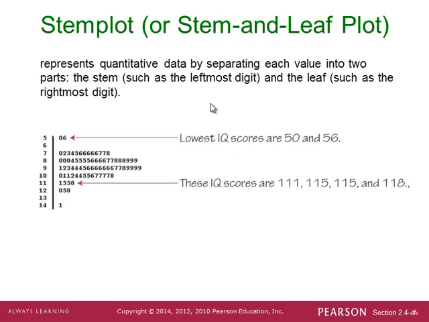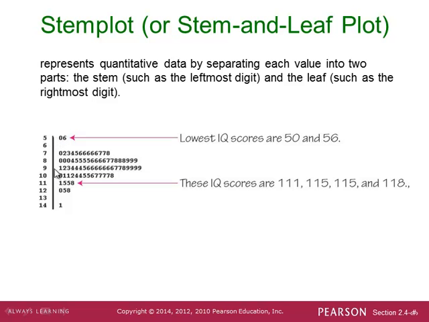Here's the old stem plot, aka stem and leaf plot, probably something that you learned back in 7th grade, in which, in this example, you can strip off that last digit, and then the digits to the left of that ones position appear right here.